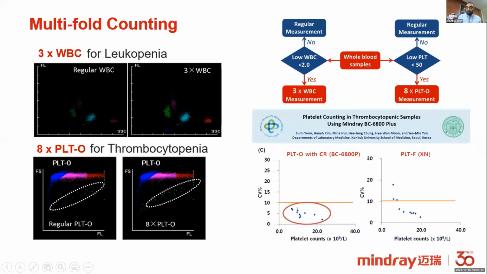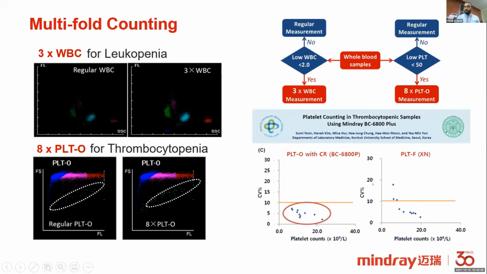Maybe some samples here have only 10 or 15, counting 10,000 for platelets, but the CV is still below 10%. By the way, another competitor uses a special dye only for platelets. But our reagent for platelets is the same reagent as for the reticulocytes, so there is no need for an additional reagent only for platelets.